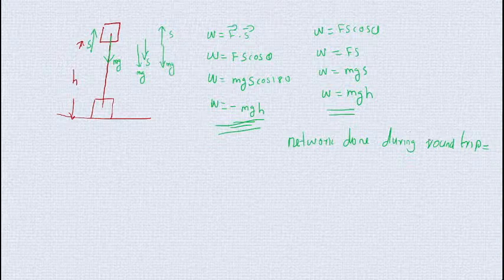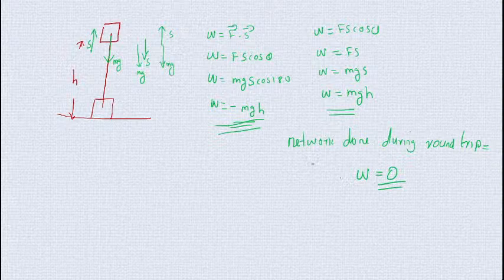Starting from one point, it is again coming back to the same position. So what is the net work done during the round trip? We can say the answer is equal to 0. The entire work done, we can see here, minus mgh and plus mgh. So net work done W is equal to 0. Very good. So these are the other characteristics of which force? Conservative forces.